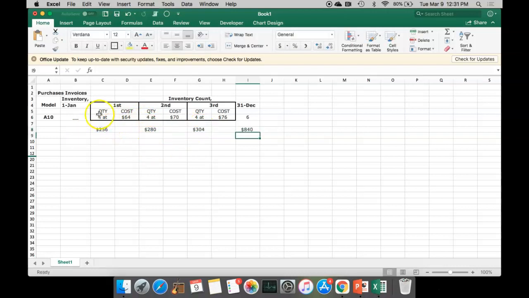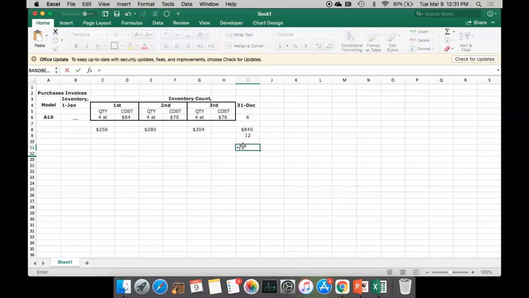And then we want to take each of the quantities purchased and add them together. So we have 4 plus 4 plus 4, and we have 12. So now we're going to get the weighted average. How do we do that?